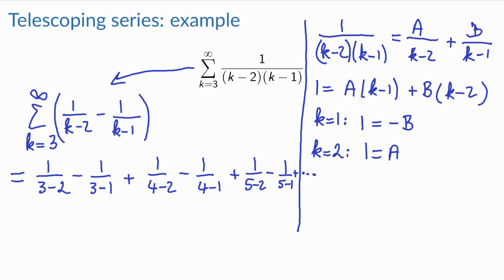And here we notice some very convenient cancellation: 3 minus 1 is the same as 4 minus 2, and 4 minus 1 is 5 minus 2. So these terms cancel off in pairs, and it's going to go that way for all the terms in our series. And so this is going to give us 1 over 3 minus 2, which is equal to just 1.